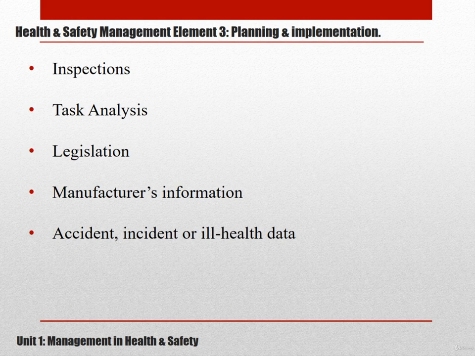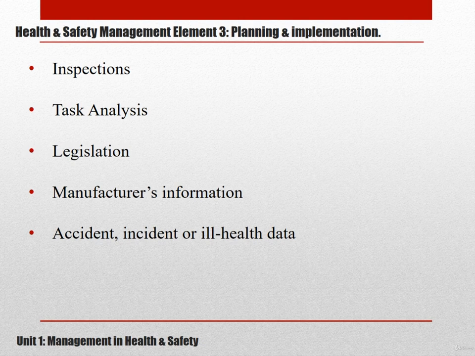As well, legislation: knowledge of the legal standards that apply to a particular workplace will help enormously in identifying significant hazards. For example, knowledge of the law relating to work at height will allow a competent assessor to identify which tasks might be defined as work at height and which can be ignored. Manufacturer's information as well.